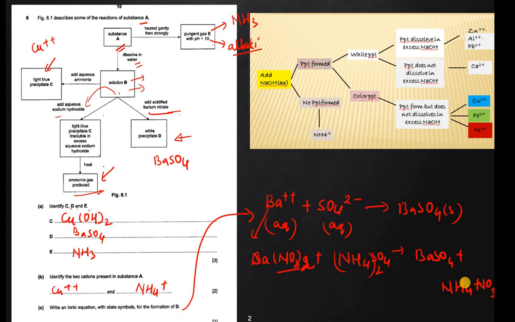Since these are spectator ions and they are going to be the same, they are not going to change. So we can just cancel them out and write directly this equation, you can write it down in your notebook.